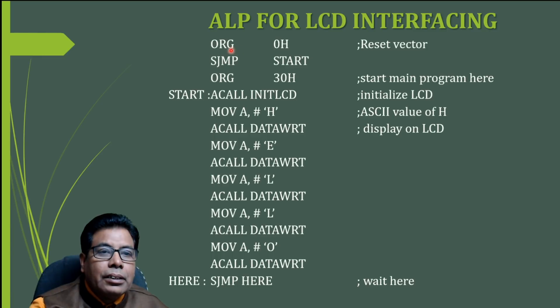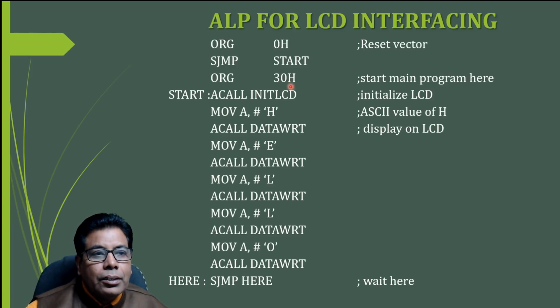First we make the vector 0 and then jump to start, where we are making the starting point at 30H, just to avoid the first few locations in memory. We are going to the scratchpad RAM. Starting location is 30.